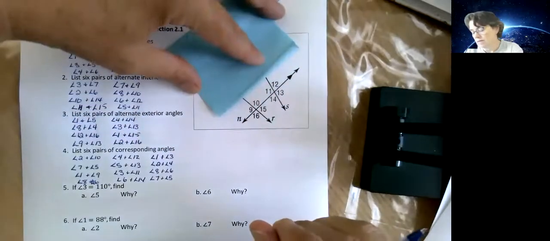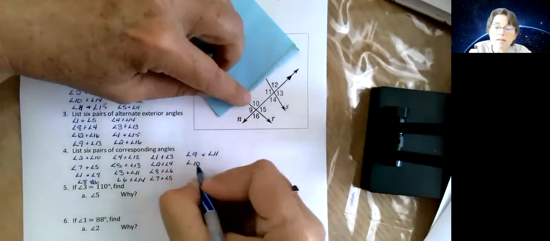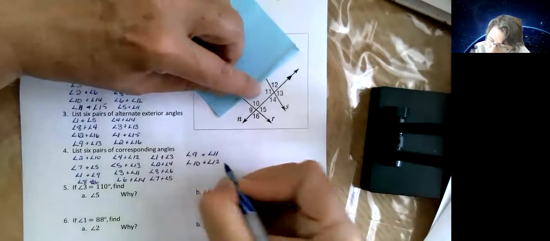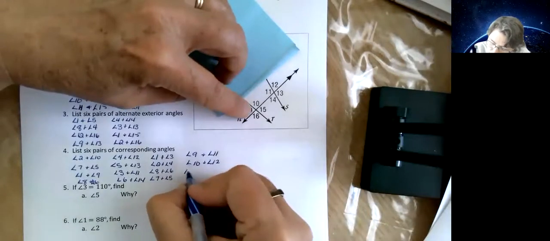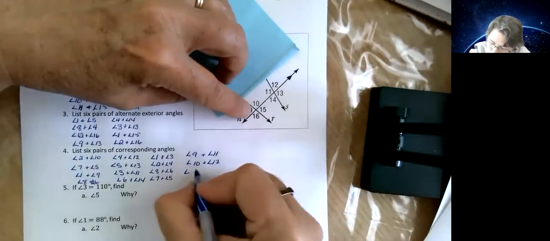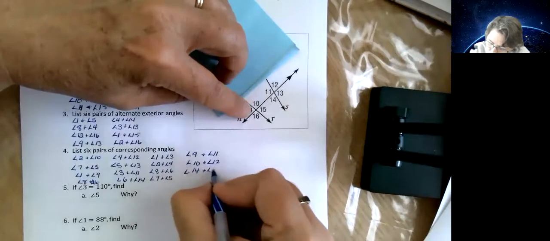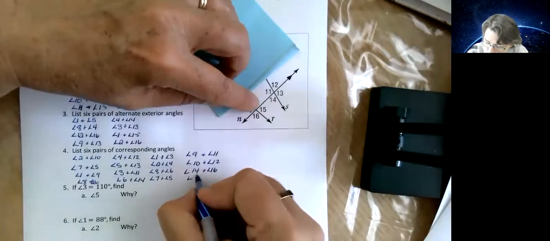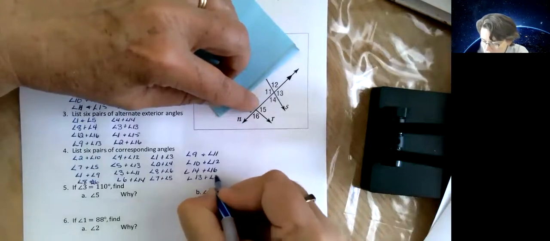Which means all we've got left is that set. Angle 9 and angle 11, angle 10 and angle 12, angle 14 and angle 16, and angle 13 and angle 15.